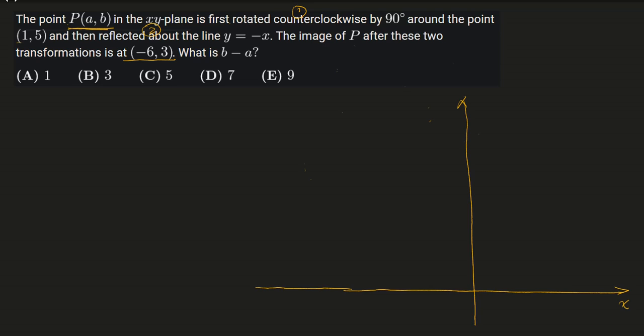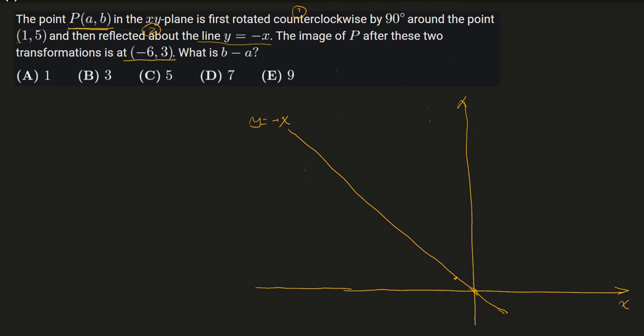Therefore, we need to find the crucial points or lines. The one line we need to find is this, because we need to reflect the point around it. Therefore, let's get the line first. We know that this is a 45-degree line through the origin. So this is our line y = -x.